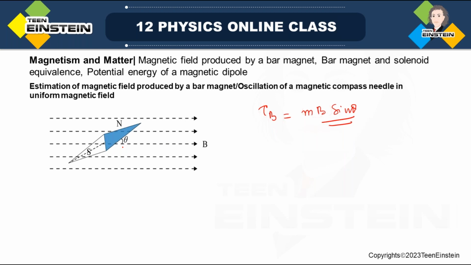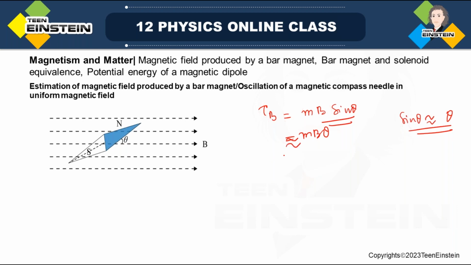And see, if this angle is very small, then I can write sine theta equivalent to theta. You know that. Then what we get? MB theta, nearly equal to MB theta.